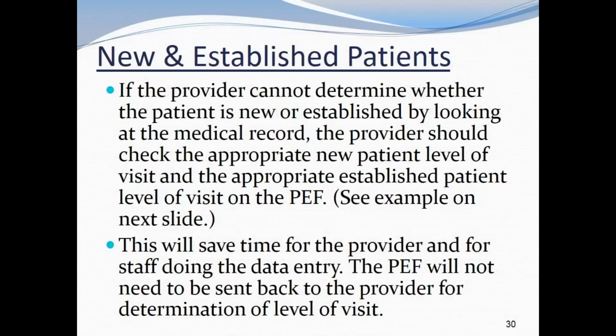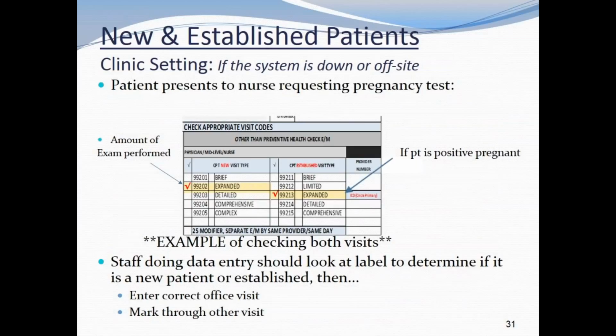If you are a provider in one of these satellite clinic sites and cannot determine whether or not they are new or established, and you don't have that PEF label in front of you, it's almost easier to just go on and code for both, just in case.